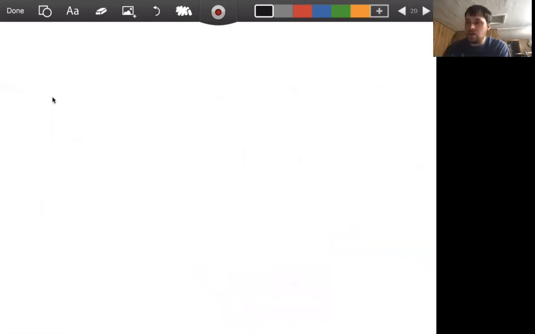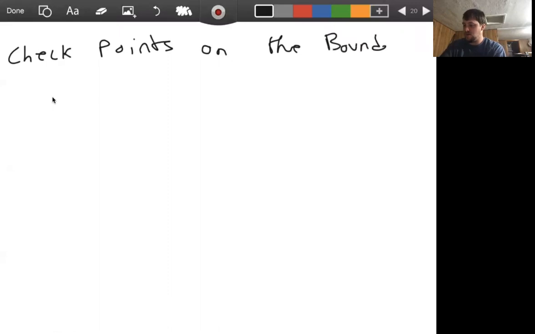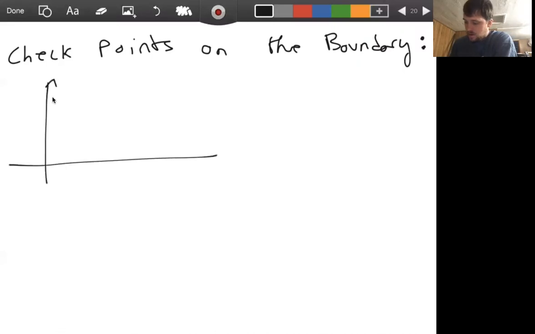And now we need to check points on the boundary. And this can become lengthy. How do you check points along the boundary?